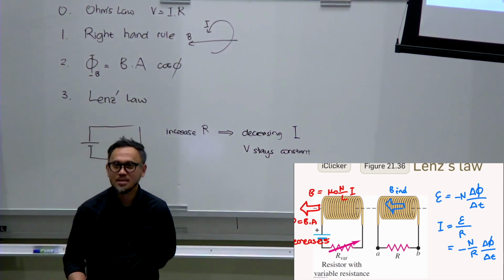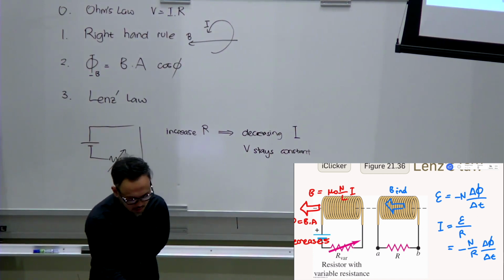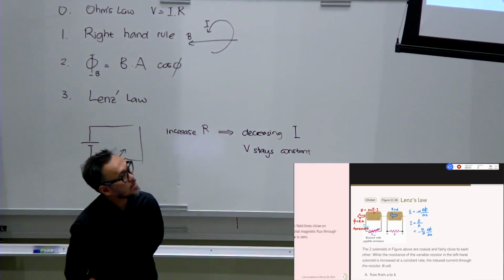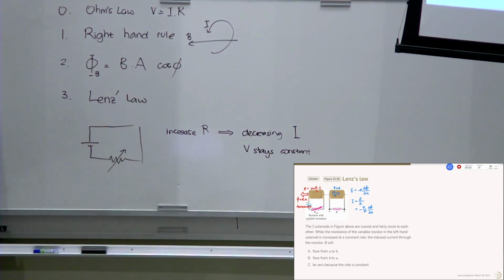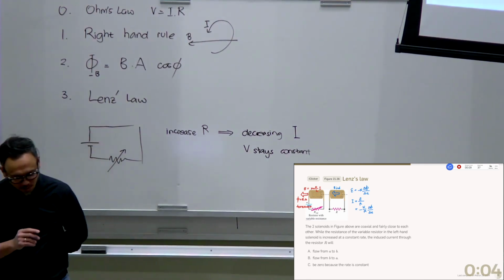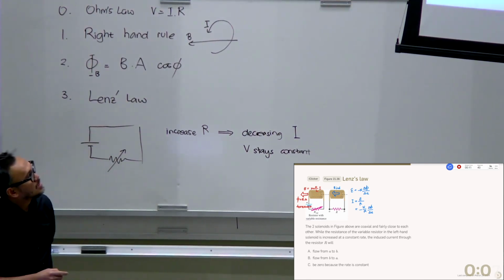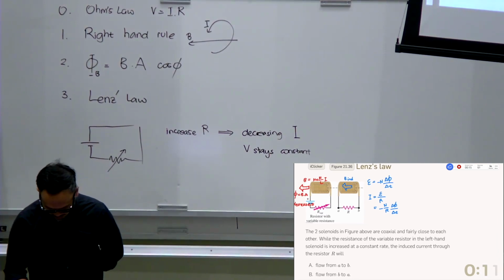What? Who said A to B? Let's do a clicker so you get points. Sorry. That's the option. So either A to B or B to A. Okay. Let me make it slightly bigger.